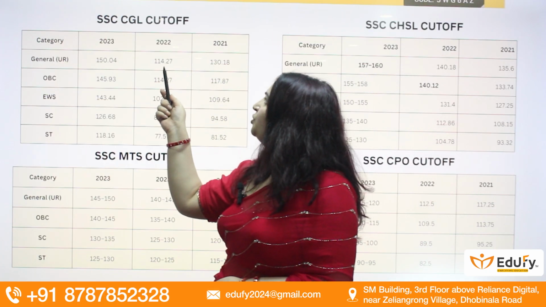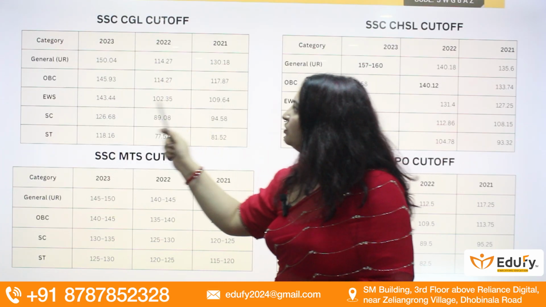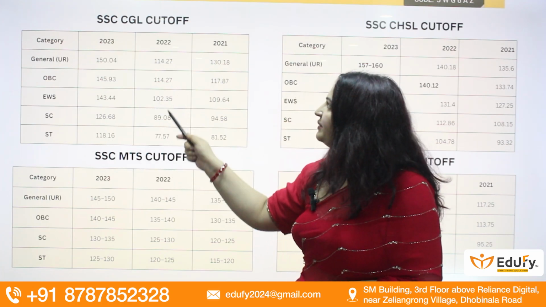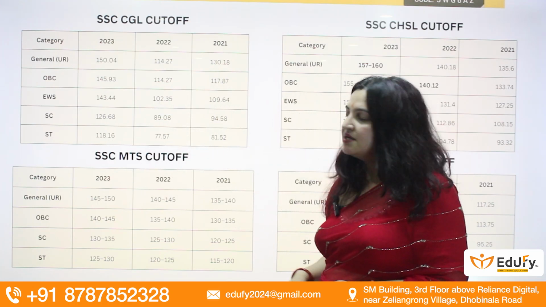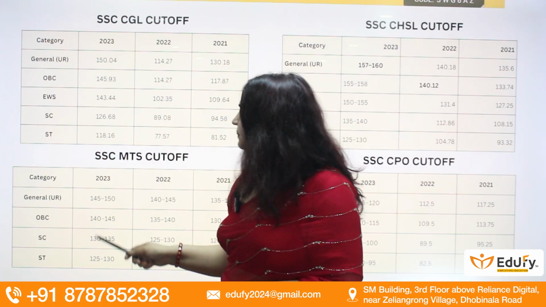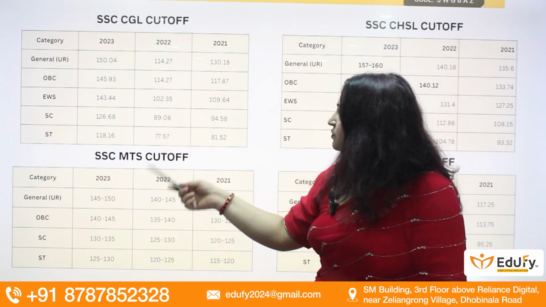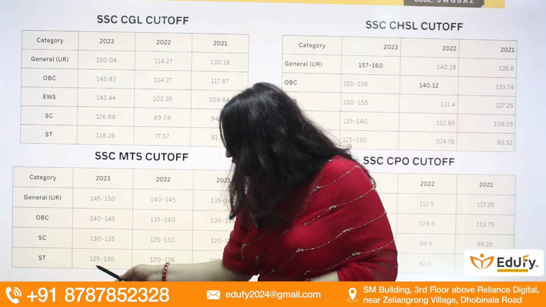In 2022, 114, 2023, 150. OBC, you can have a look. For ST, 2023, 118, 2022, 77, 2021, 81, right? So that is the cutoff. Out of how many marks? 200 marks. Coming to MTS cutoff, general 145 to 150 and it can go till higher.